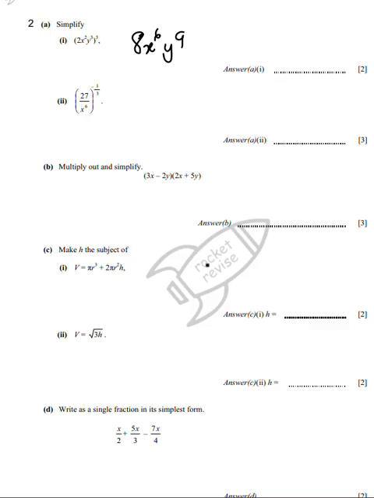Then we've got 27 over x squared, raised to the power of minus 1 upon 3. Now, when we have a power of 1 upon 3, let's say we've got a power of 1 by 3, not minus 1 by 3, 27 raised to the power of 1 by 3, what does that become? 3 over x squared.